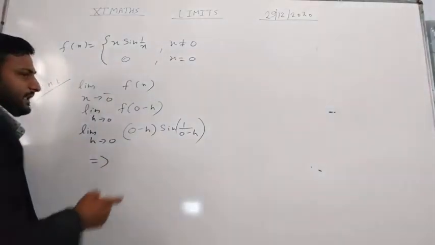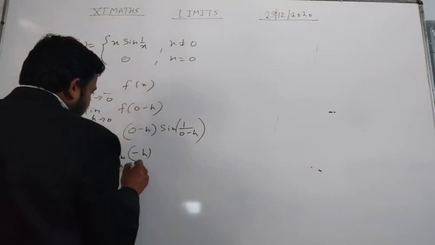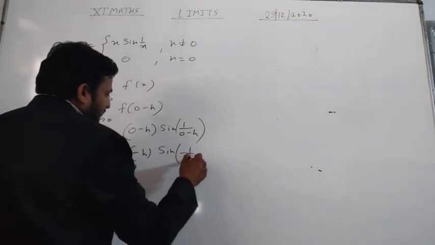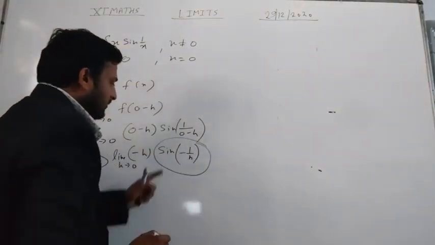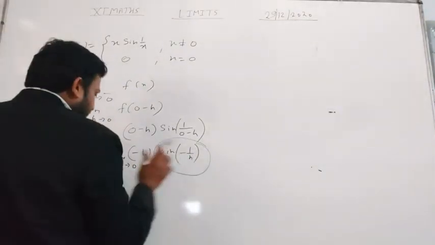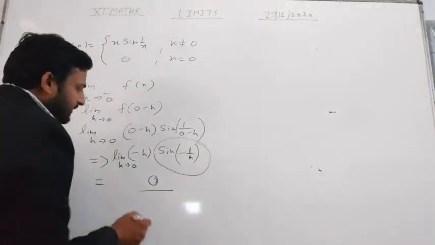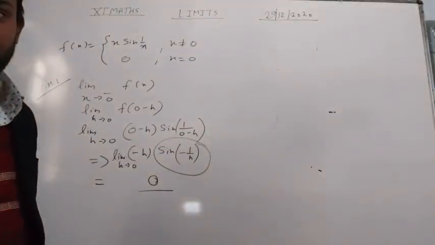Now student, we are seeing that this is minus h and this is minus 1 by h, so this part is sin of minus 1 by h. If we put h as 0 here, this part goes to 0 and the sine value will fluctuate.